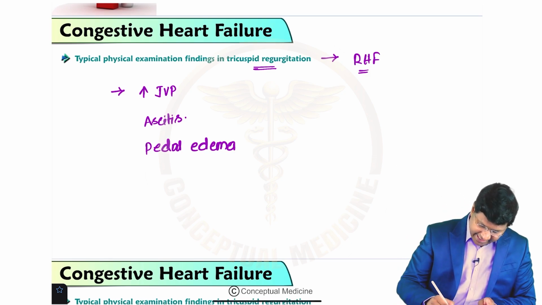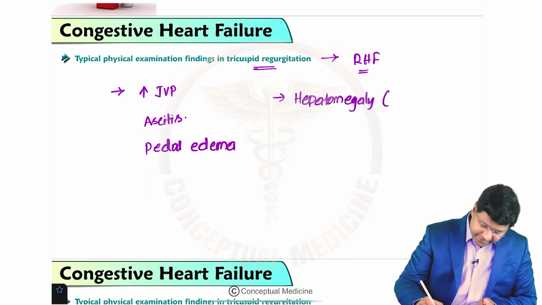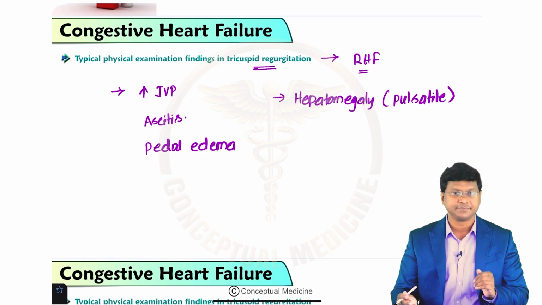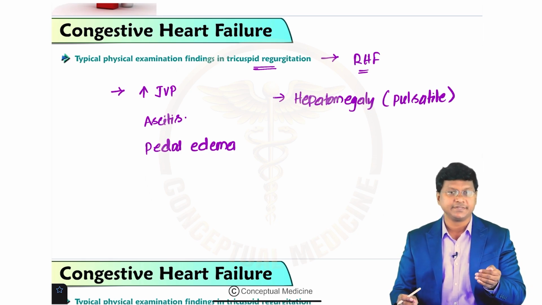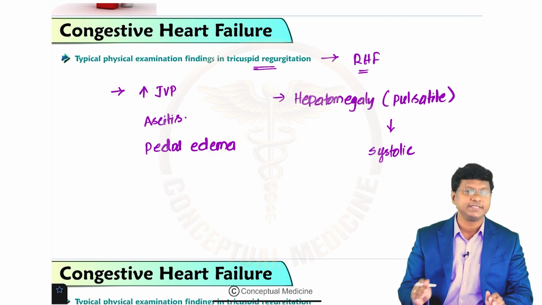And they also have hepatomegaly. But this particular hepatomegaly that you will observe in right heart failure will be pulsatile hepatomegaly. That will be a pulsatile, enlarged liver. And these pulsations are mainly during systole. So there will be systolic pulsations within the liver.